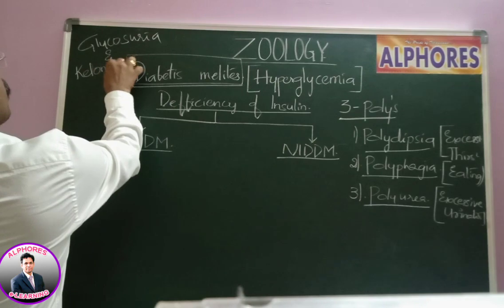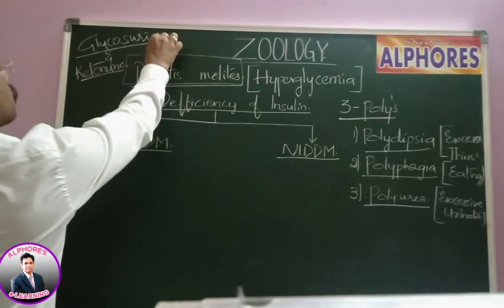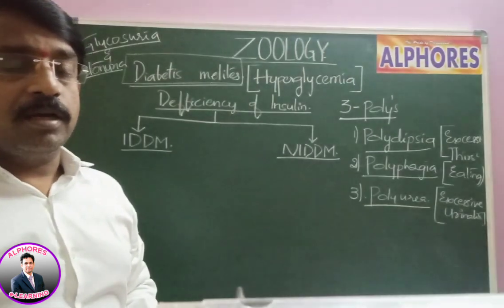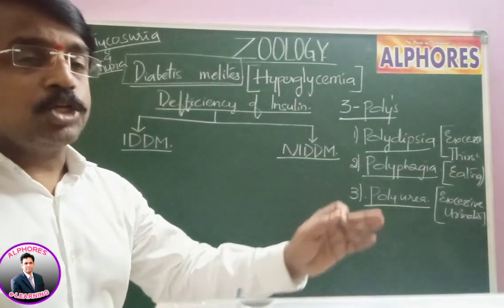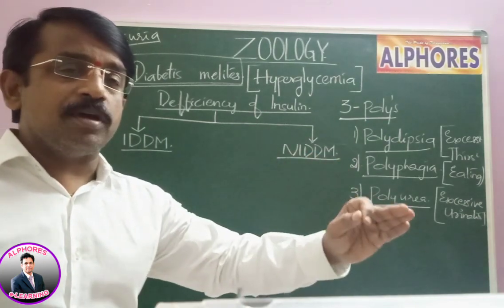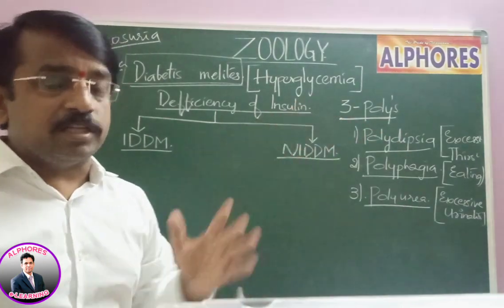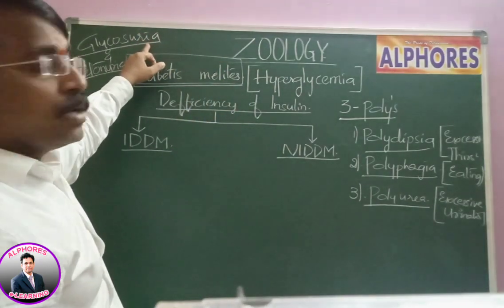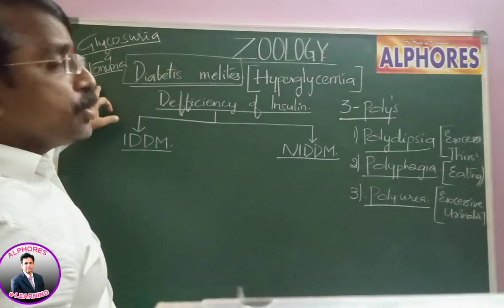Diabetes mellitus is indicated by ketonuria and glycosuria. Glycosuria and ketonuria are the indicatives of diabetes mellitus. Now, the excessive glucose level gives glycosuria and ketonuria.